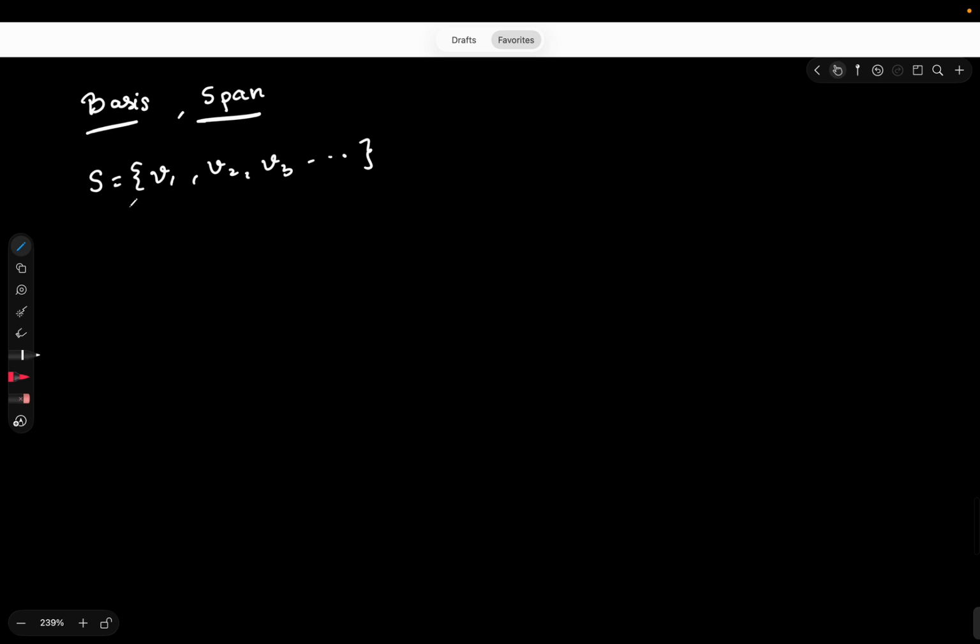If V belongs to R2, then this vector basically means, if this is the y-axis and this is the x-axis, that V is somewhere here, so it is a coordinate on the xy plane, on a two-dimensional plane.